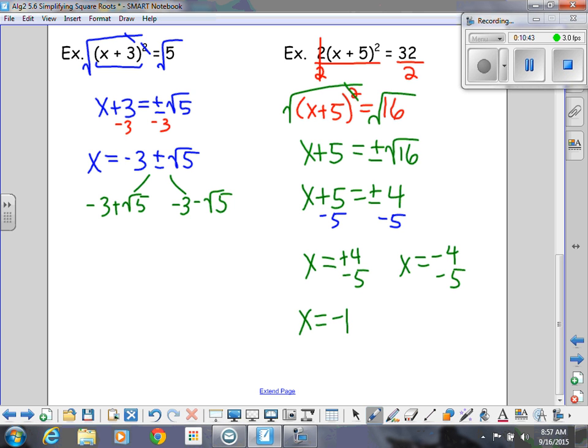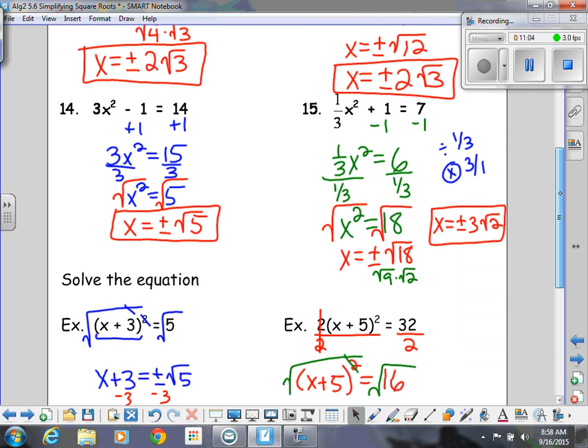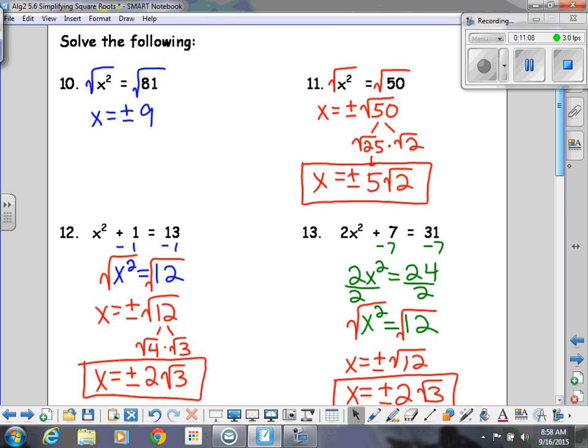And then negative 4 minus 5, that gives me x equals negative 9. So I can actually write out my two different answers there, just like I could over here. It's just we tend to, over here, leave our answer like the one in blue. But the green ones are okay too. So we're going to do more practice with that in class, but that's how you can solve a quadratic equation by taking the square root on both sides.